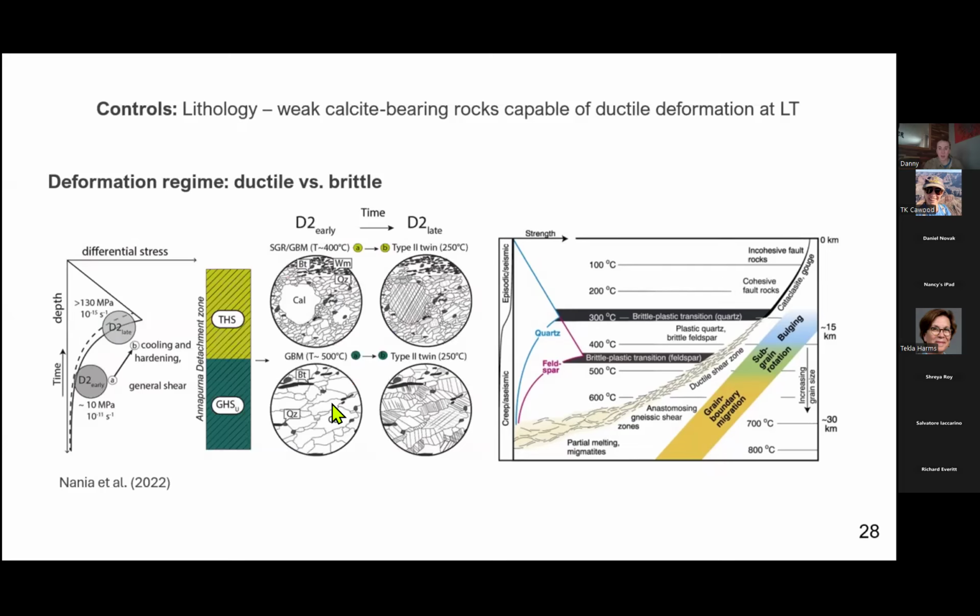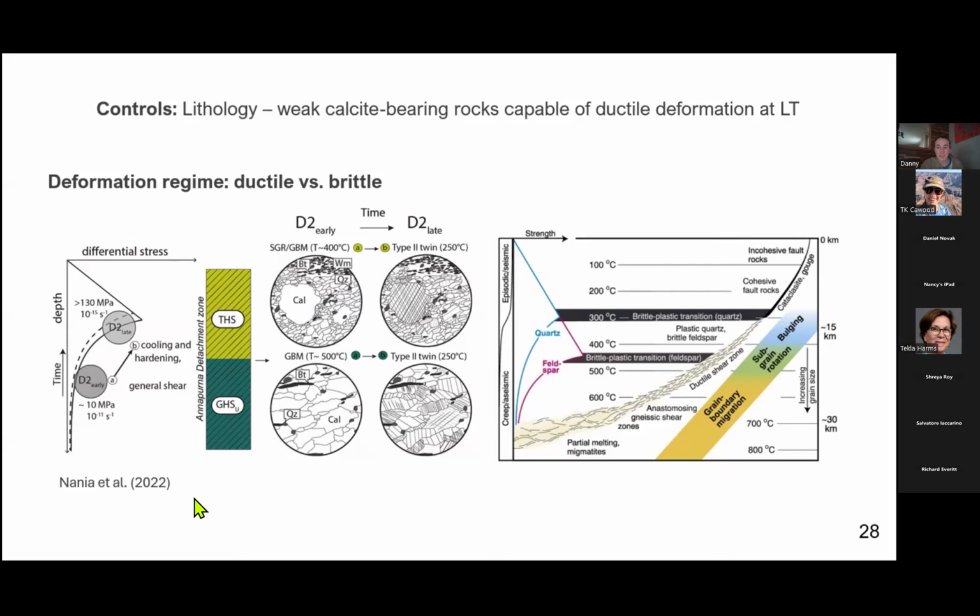Now, some other studies have also been showing that lithology may play a really important role in the way that the deformation migrates upwards with time. So some studies by Nanya and colleagues in two areas, the Lower Dopal and Kaligandaki regions. These regions are similar to the Tsum Valley in that they contain calcite-rich rocks at higher structural levels.